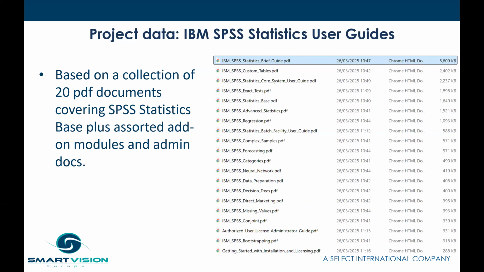So we thought, well, let's just take a bunch of them and see if we can build a little RAG solution which would allow us to query this corpus of data around SPSS, so that we can ask it questions about how do I do this and how do I do that, and what's the difference between this type of statistical test and this other type of statistical test. And we started out with 20 PDF documents.